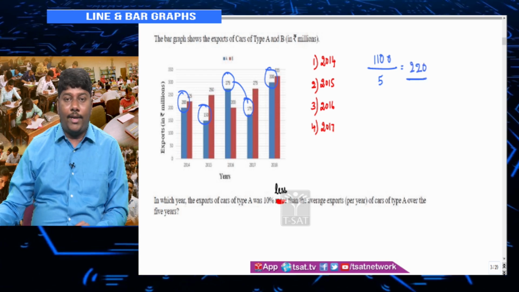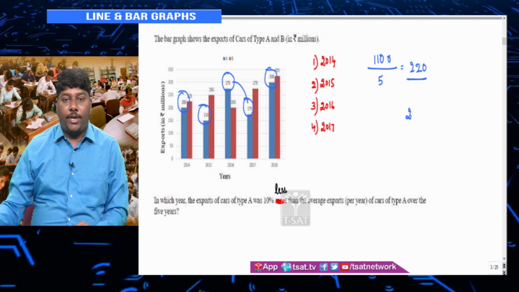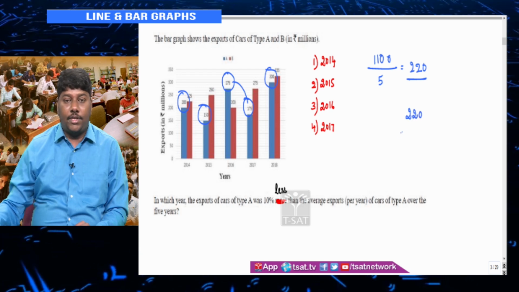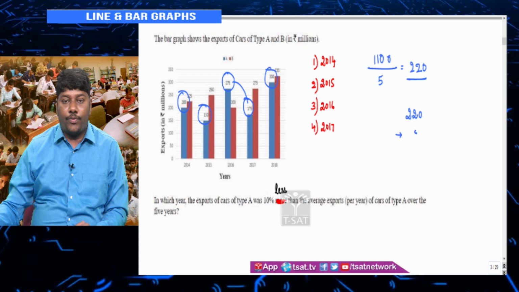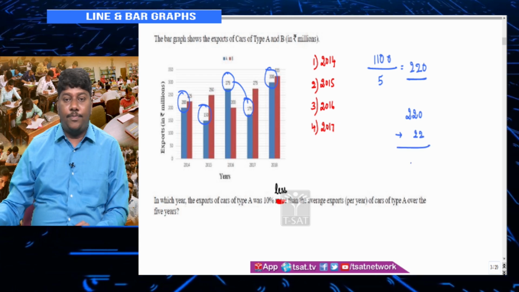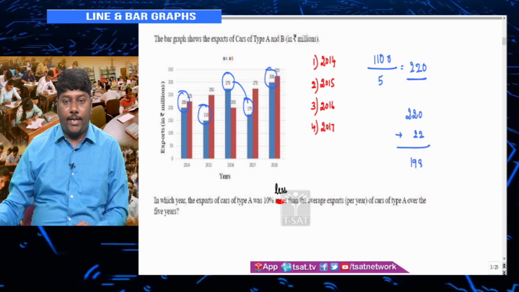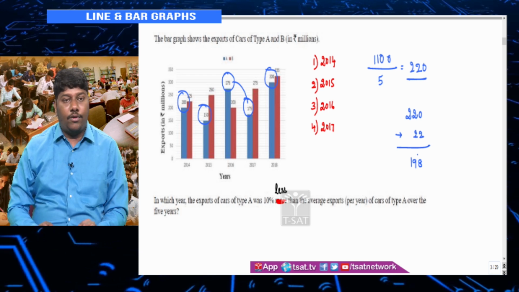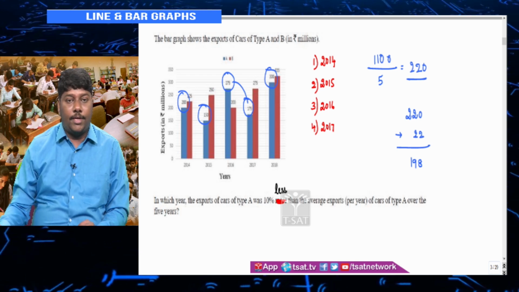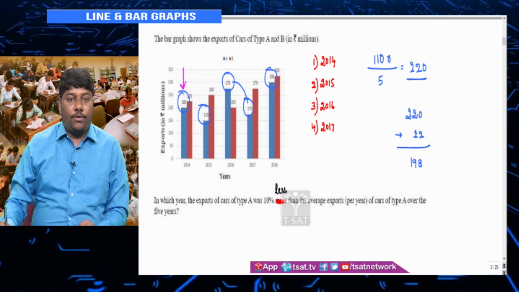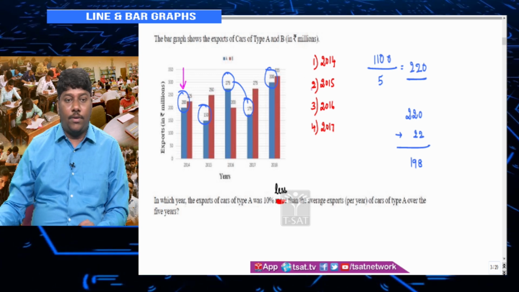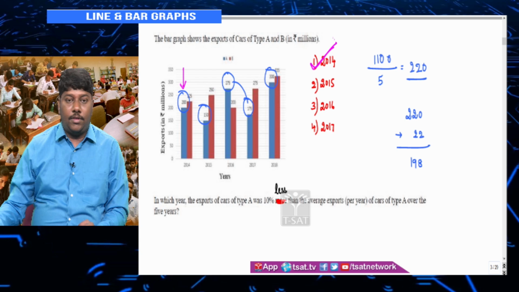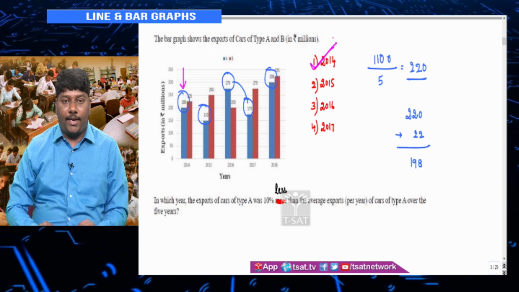Therefore, 220 is the average. I want it to be 10% less than the average. What is 10% of 220? It is 22. Therefore, it must be very close to 198. Which data is very close to 198? Obviously, in 2014 the data is very close to 198.